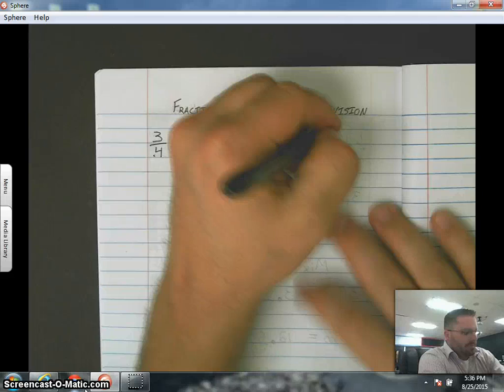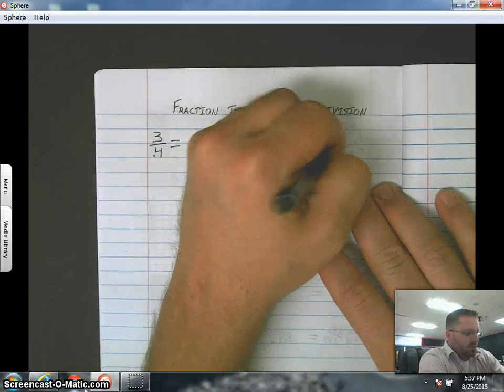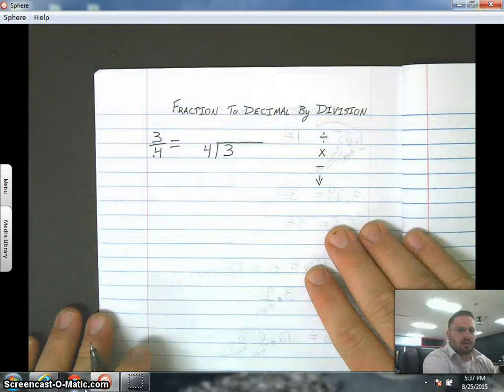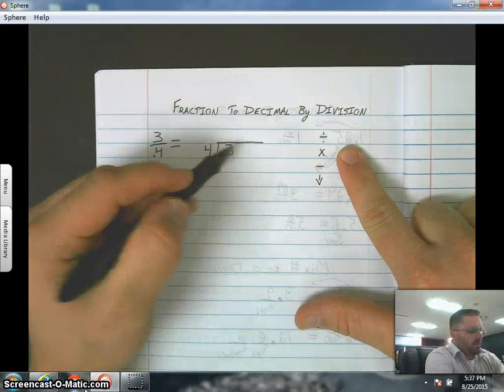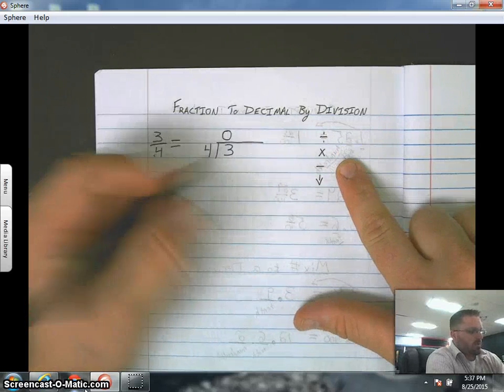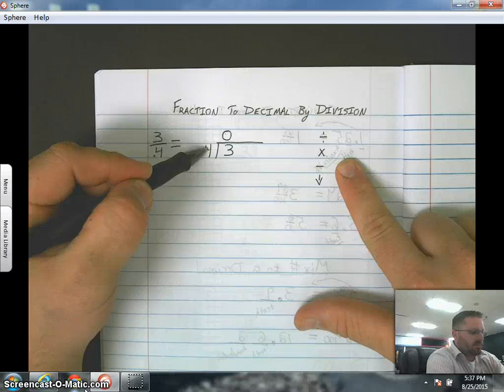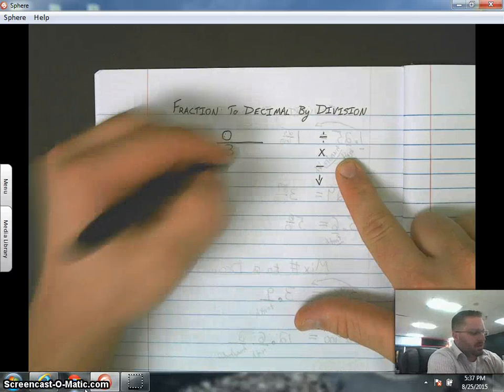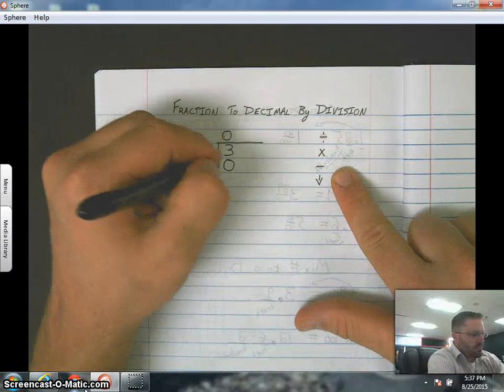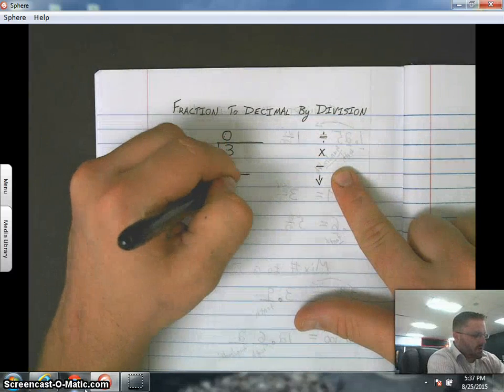To do so, my steps are divide, multiply, subtract, and drop. My first one, divide. 3 divided by 4 is 0. Multiply. 4 times 0, or 0 times 4, is 0. You subtract, that 3 minus 0 is 3.